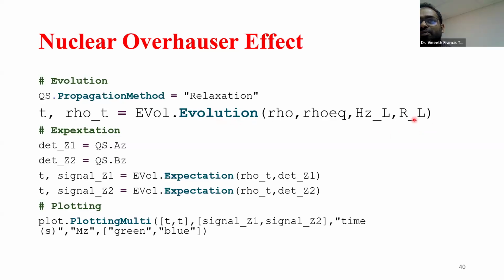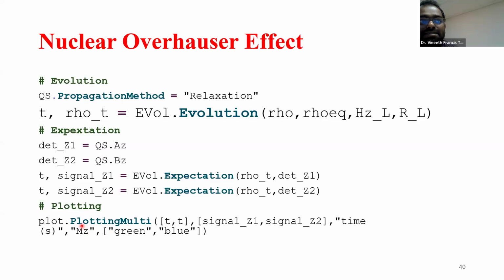Now we have an additional argument, which is the relaxation superoperator. And as we saw last time, you can define the detection operator. So we are going to detect the Z magnetization of both spins. Now you can find the expectation value using this function. And you're going to plot.